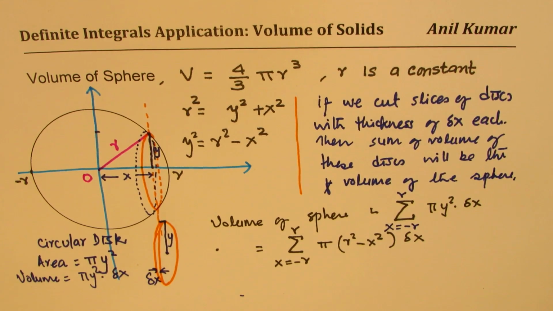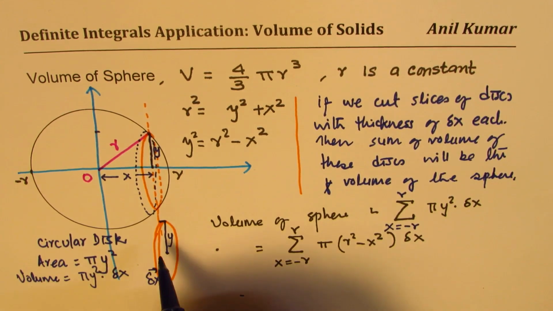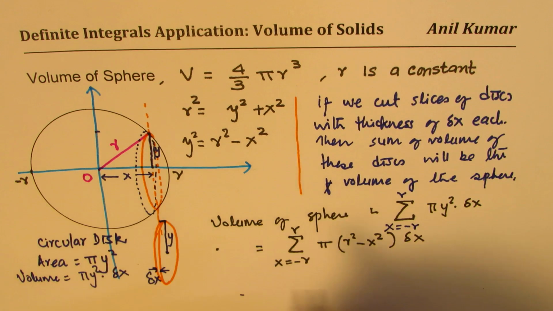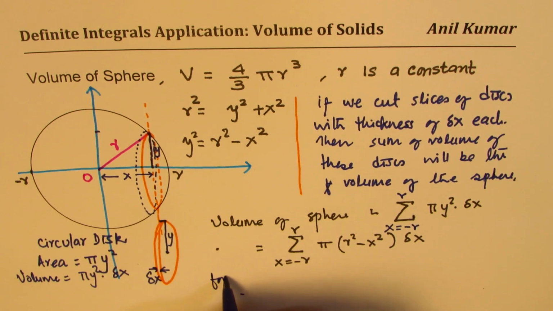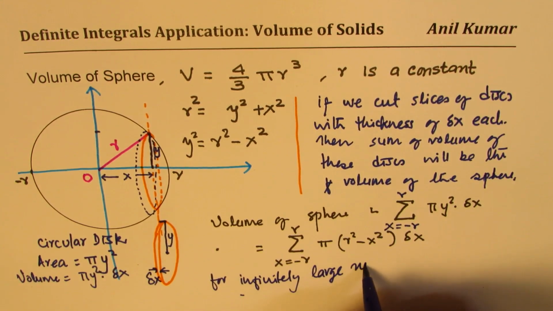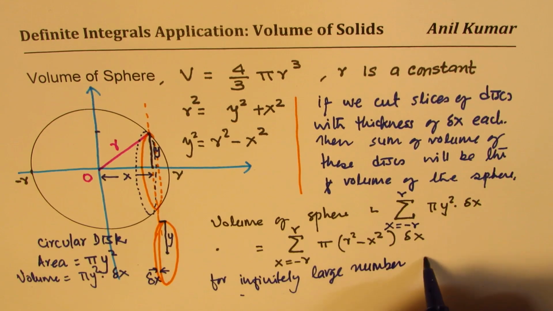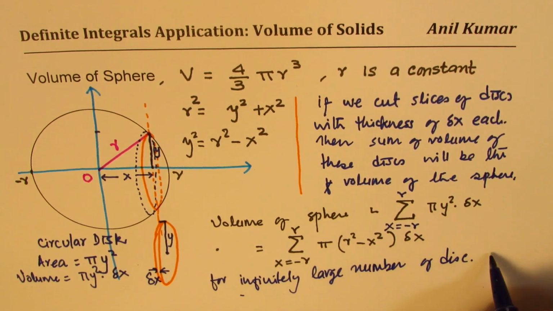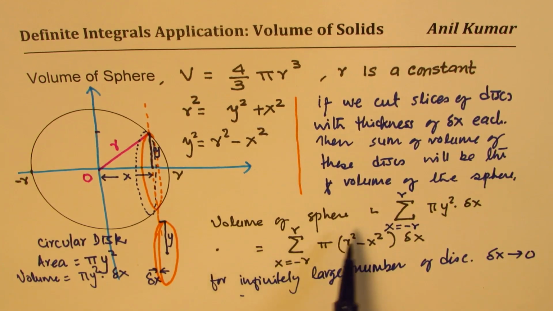Now, if we have an infinitely large number of disks, what happens? Delta x will be approaching 0, and what we get here is the integral sum of these disks.